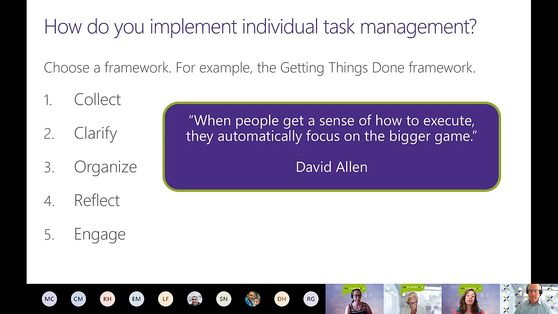So using the Getting Things Done framework as an example, there's a couple different steps you go through. First, you collect all the things you have to do. As Derek was pointing out, you clarify what that objective is, right? Figure out, do I have enough information to get that thing done? Step 3, I'm organizing it. And that's where a lot of the conversation is going to be happening today, of where am I organizing this content?